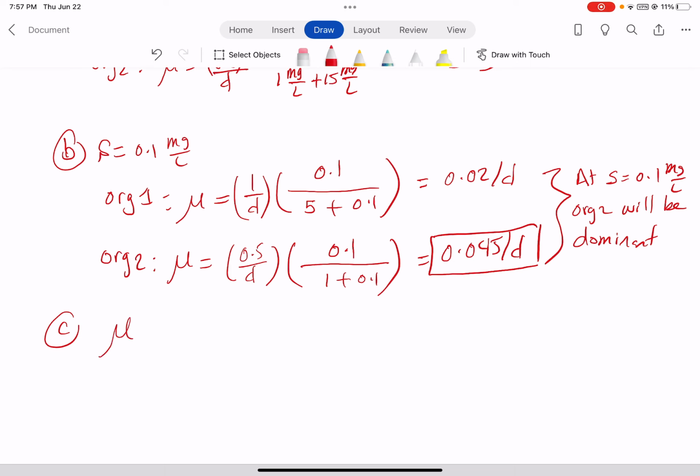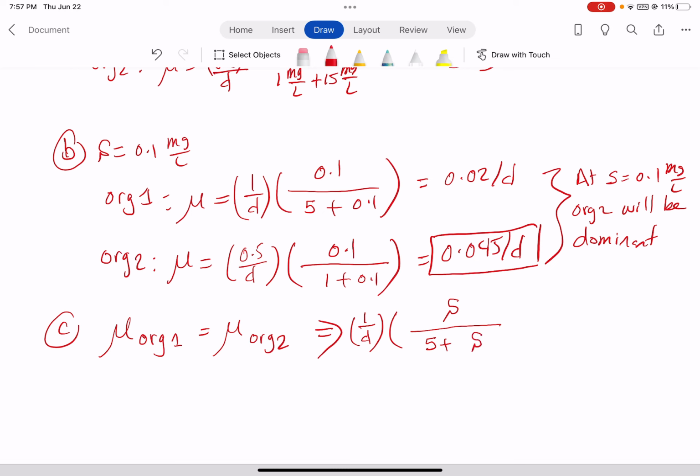When the mu of organism 1 is equal to mu of organism 2, they both have the same growth rate. Of course, the first one, remember that's 1 per day, the mu max. And the food that we're going to be putting in the system is S. So we need to find this S. Plus, Ks does not change. Ks is stuck with the organism, does not change.